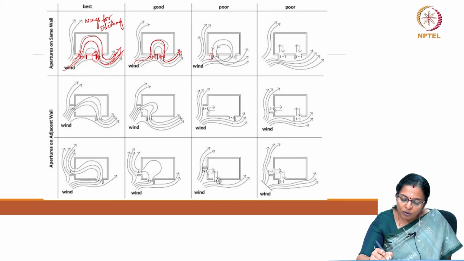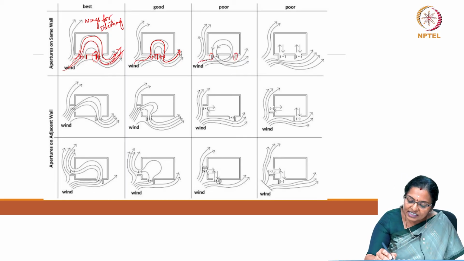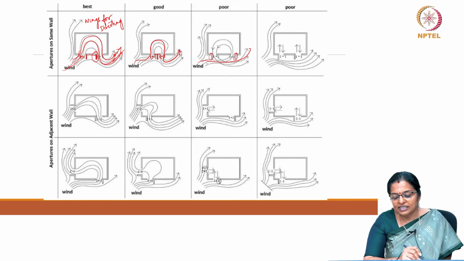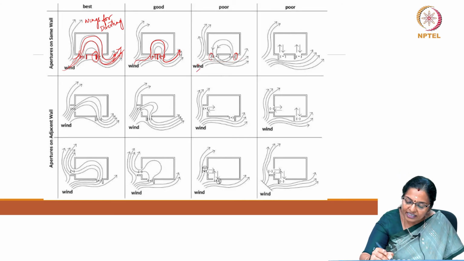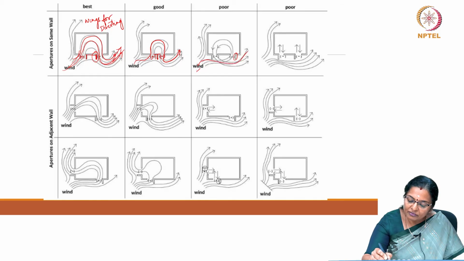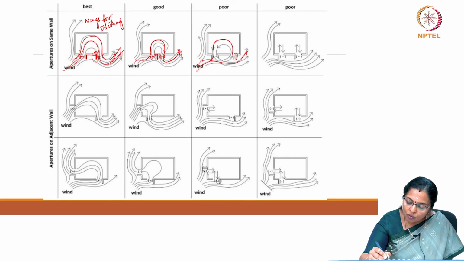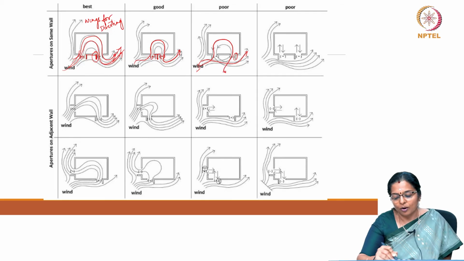This is a very poor design because when the wings are located in this manner, it is actually deflecting the breeze away rather than directing the breeze inside. The breeze is not getting directed inside, whereas we want to facilitate the wind to go inside and come out.